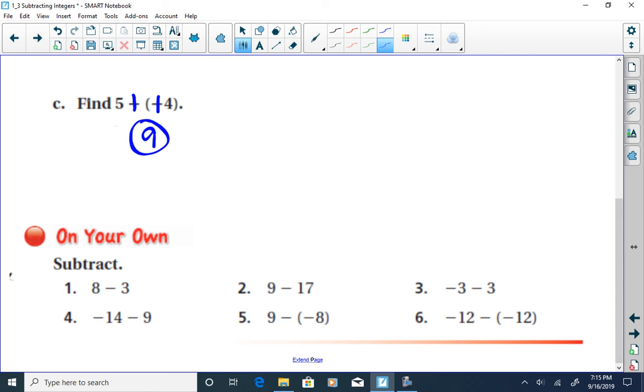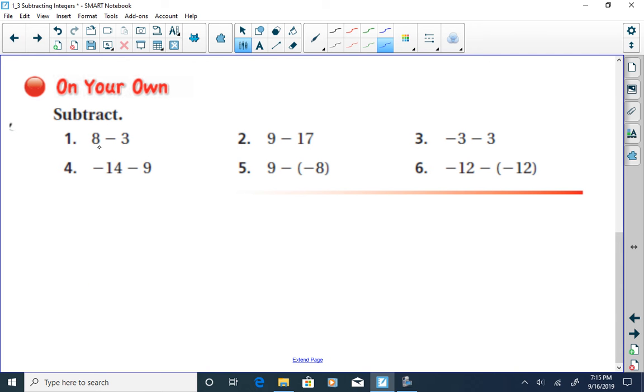Alright, so let's try some examples here. We have 8 minus 3. Well, I want to change that subtraction problem to an addition problem by using the additive inverse, so I'm going to add the opposite. Now I have positive 8 and negative 3. That's going to be 5. 9 minus 17. I add the opposite.